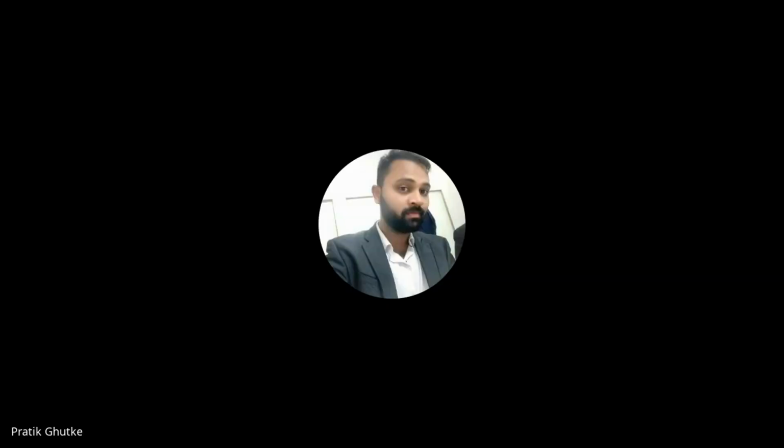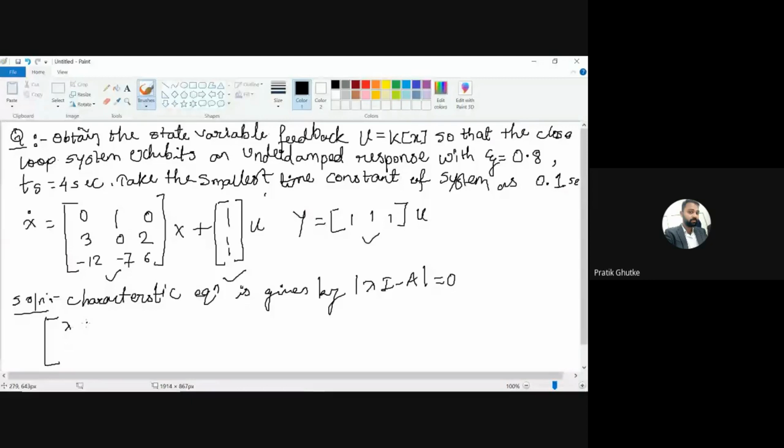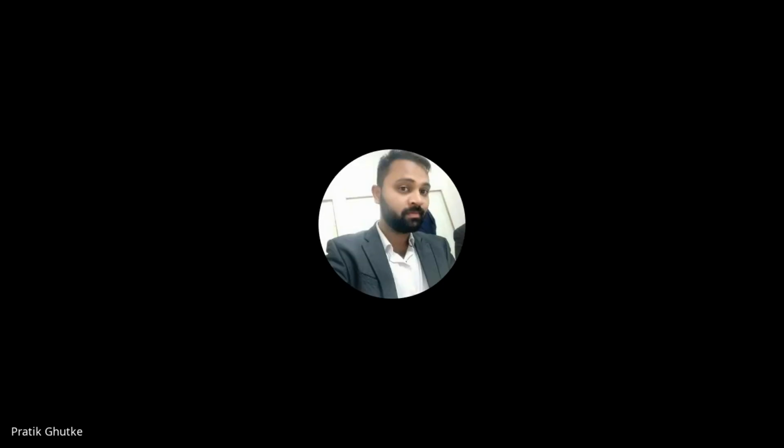A matrix is nothing but the given matrix 0 1 0, 3 0 2, minus 12 minus 7 minus 6. This is your lambda I minus A equals to 0. So I have to simplify this. What will be the simplification?